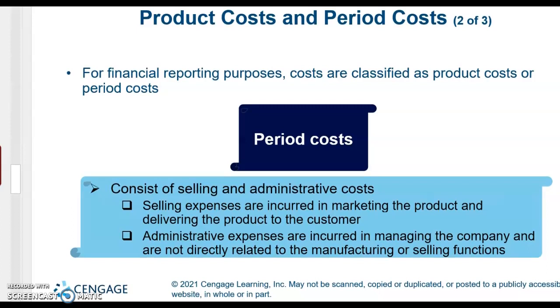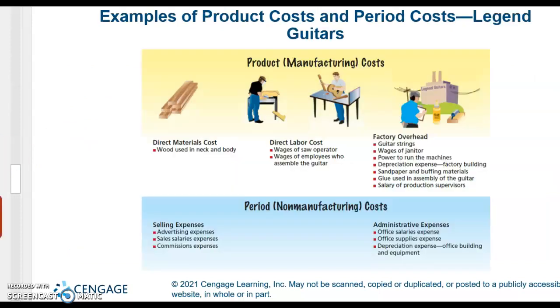So you can read over these, but selling expenses and admin expenses are just a few examples. Anything that happens outside of the manufacturing plant would be a period cost, and period costs are expensed.